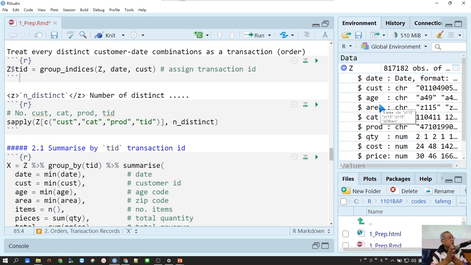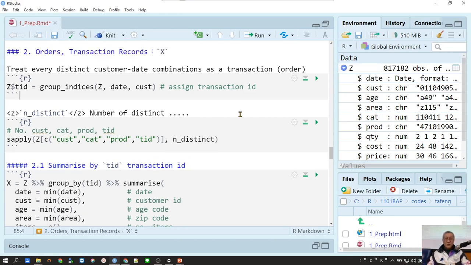Usually, this POS data would have an order ID or transaction ID column. But this data set does not have this column. So we do not have a key to aggregate the transactions, okay?